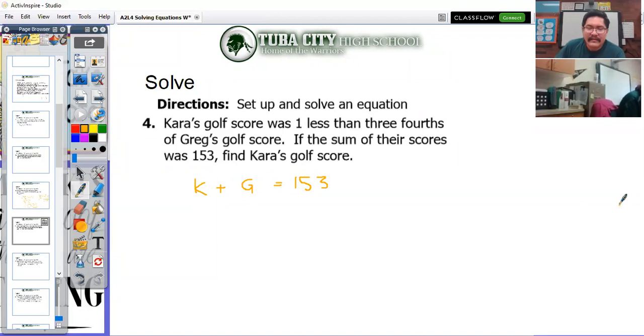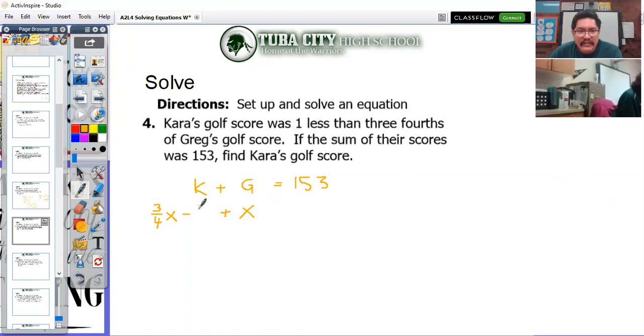So in this case here, Greg is the first one we should look for. I will assign the letter X to Greg. Whatever Greg got, Kara is 1 less than 3/4. So take Greg's score, times it by 3/4, and lessen it by 1.